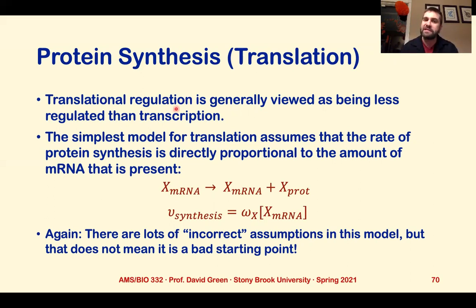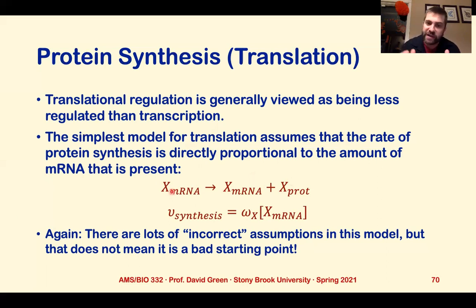And in that simplest model, we might further take the simplest model within an unregulated framework, which says the rate of protein synthesis is directly proportional to the amount of mRNA that is present. We think about templated synthesis. We're starting out with a molecule of mRNA and ending up with a molecule of mRNA plus a molecule of protein.